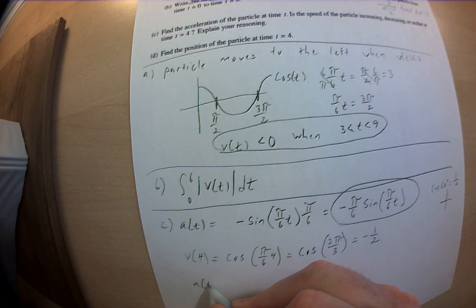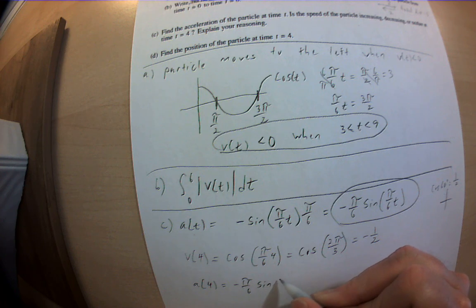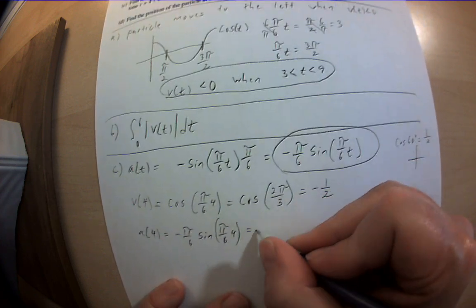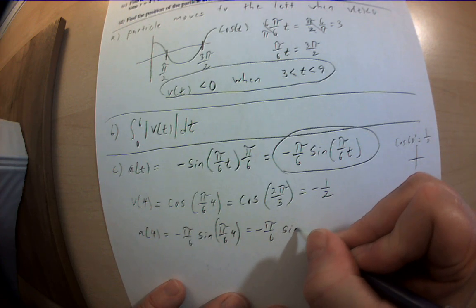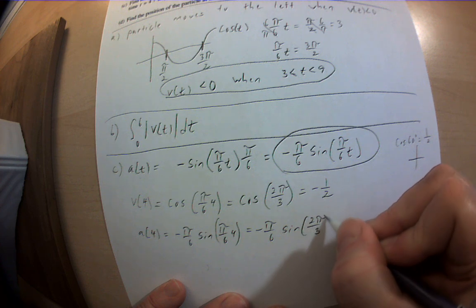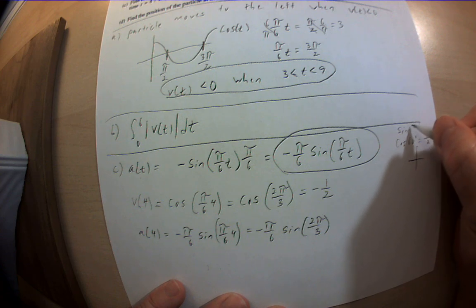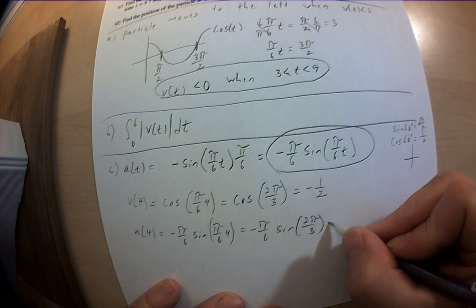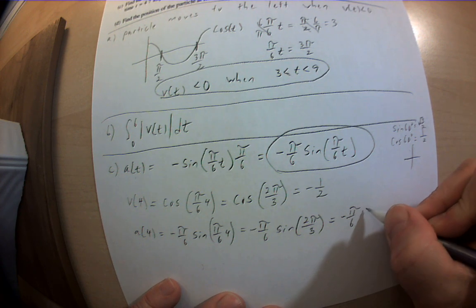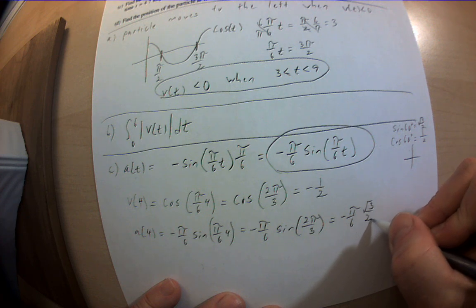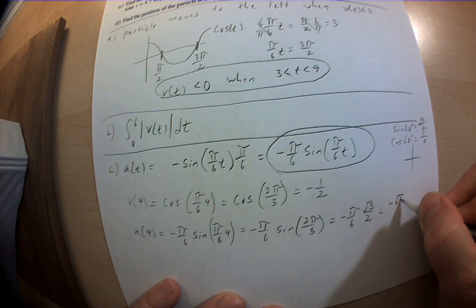And then the acceleration at time 4 is negative pi over 6 times sine of pi over 6 times 4, which is negative pi over 6 times the sine of 2 pi over 3. The cosine of 60 is 1/2, the sine of 60 is root 3 over 2. In the second quadrant, sine is positive, so that's negative pi over 6 times root 3 over 2. So it's negative root 3 pi over 12.